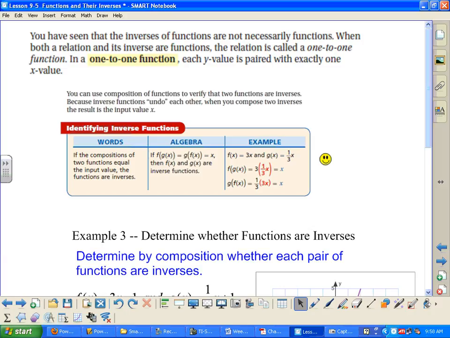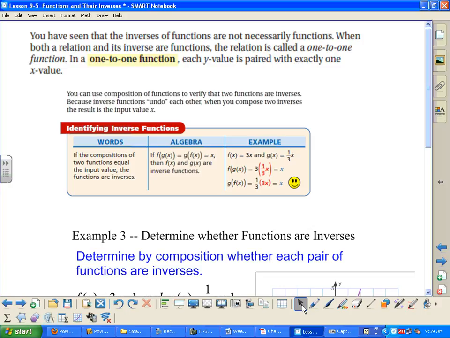Here they show us a quick example. They say f of x equals 3x and g of x equals 1/3 x. They do f of g of x, it simplifies to x. Do g of f of x, it simplifies to x. And if they simplify to x, then they are inverses.